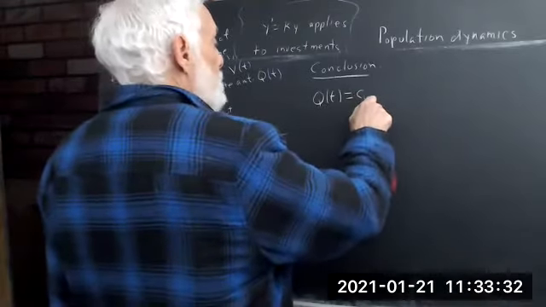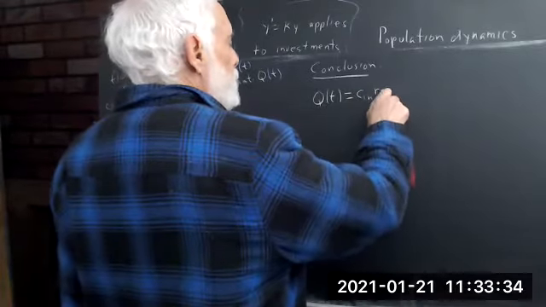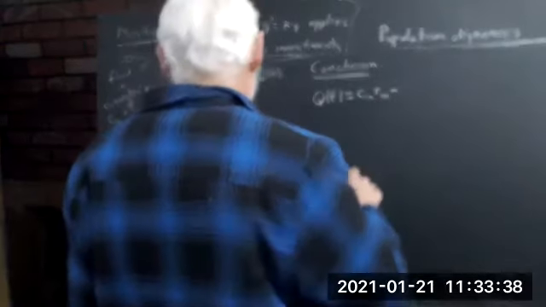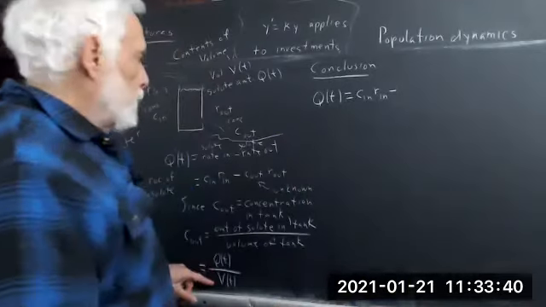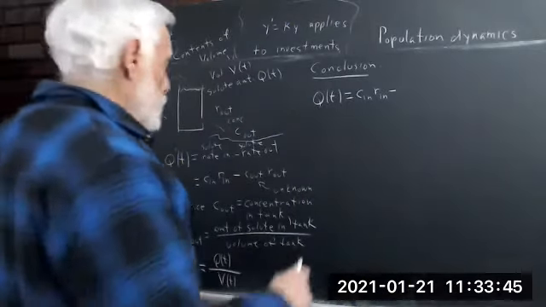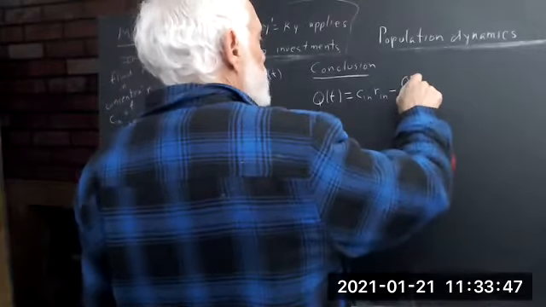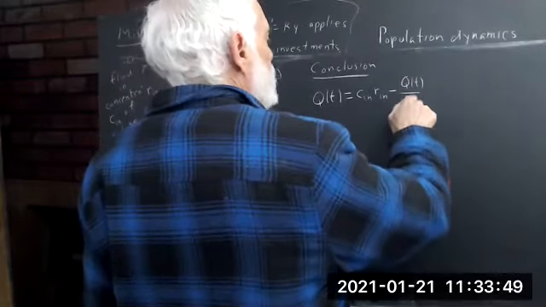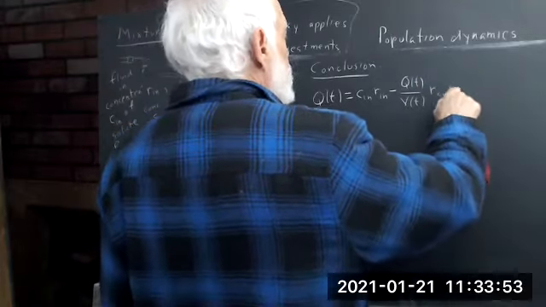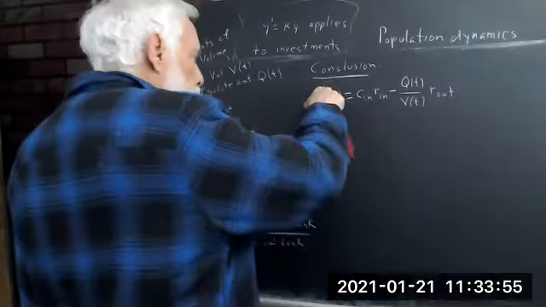Those are both known. Minus concentration out times rate out. Concentration out is Q of T over V of T, times the rate out. And this is Q prime of T.